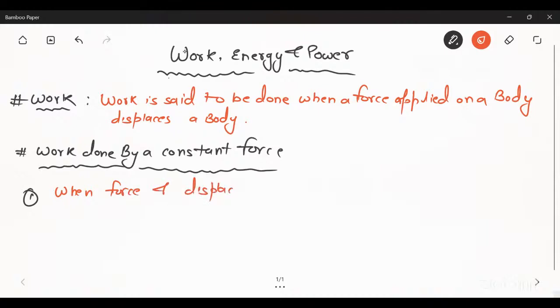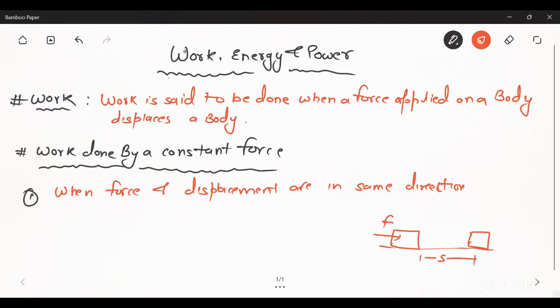So what is the formula of work in that case? Now see the condition. Suppose this is a body, and if I apply a force on that body, what will happen? The body will displace. The body will come to this position after covering a distance S. So what is the work done in that case? The work done is defined as force into displacement, F into S.